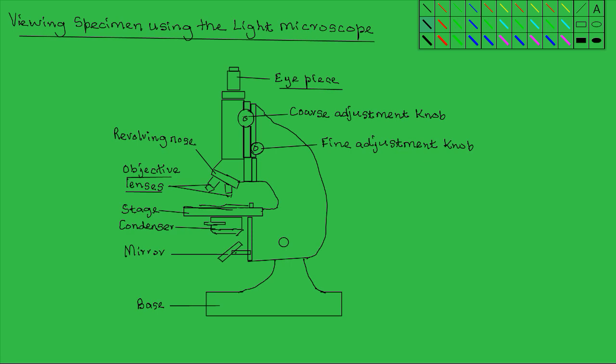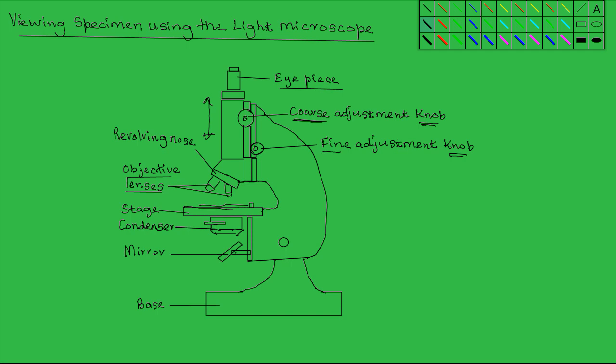There are two knobs that bring about adjustment and focus of the specimen. There is a coarse adjustment knob that moves the body tube up and down to bring the specimen into focus.